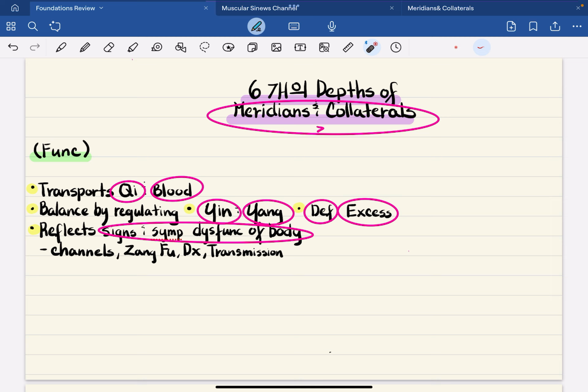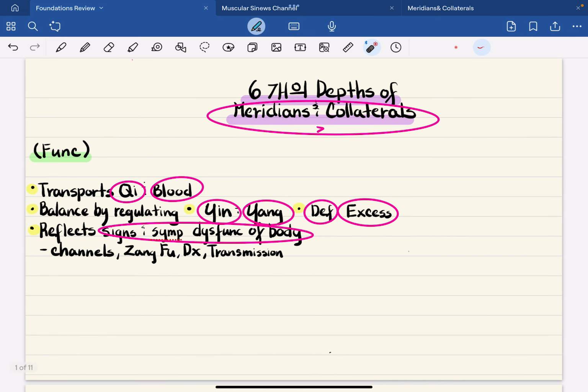You'll see later, because when it's listed from its most superficial to the deepest layers, this is how we would reference them, meridians or collaterals. You can think of meridians as something like arteries and collaterals as something like capillaries, in the idea that one is bigger, and the other one is smaller, like secondary.